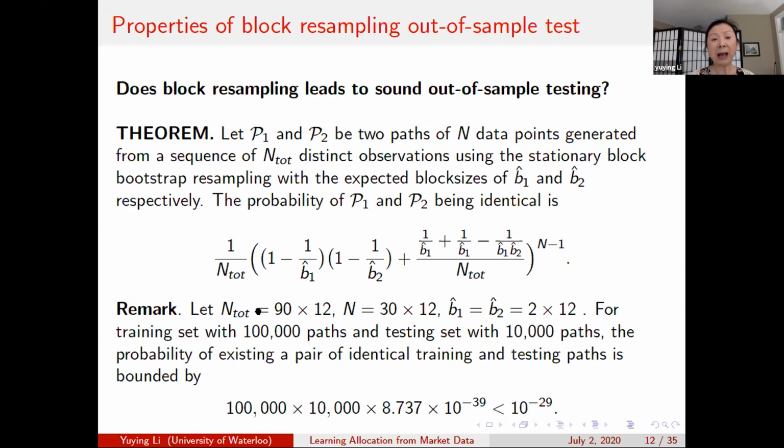Say I have 19 years of monthly return observations from the market, and I need 30 years of monthly returns for my investment horizon. If I use an expected block size of 2 years, sampling 2 paths with the same expected block size, with a training set of 100 return paths and a testing set of 10,000 return paths, then the probability that there exists a training path and a testing path that are actually equal is less than 10 to the power minus 29.